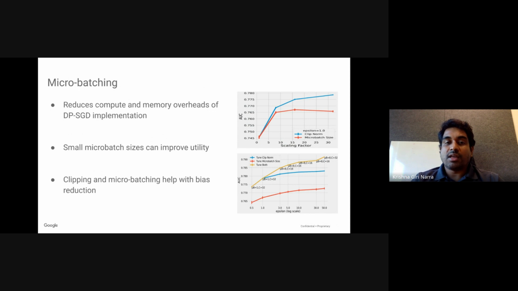In the plot below, we show that if we tune both clip norm and micro batching together, it gives better utility than tuning either one individually. Both of them help with bias reduction in different ways.